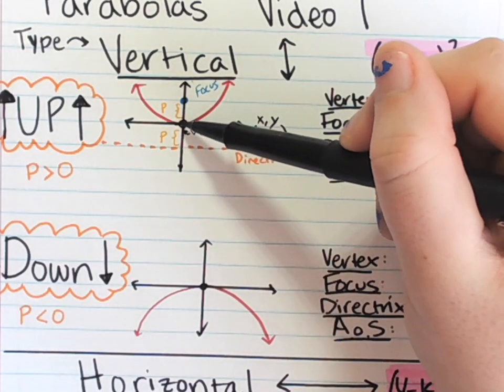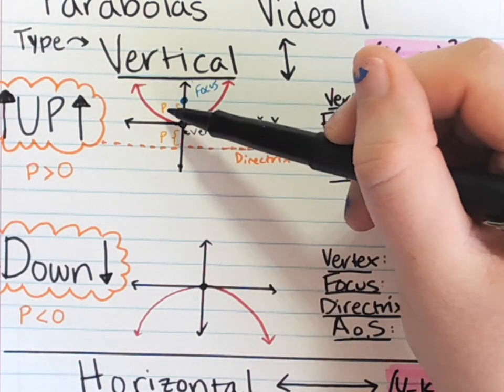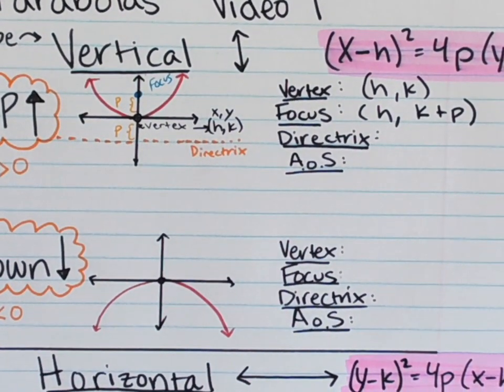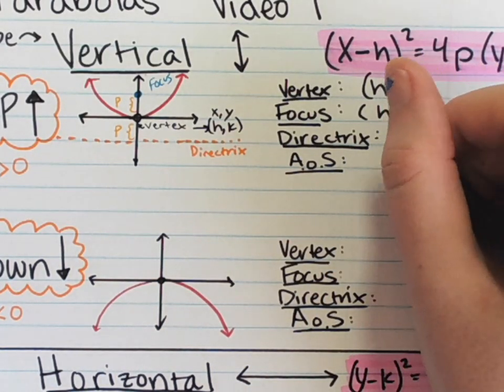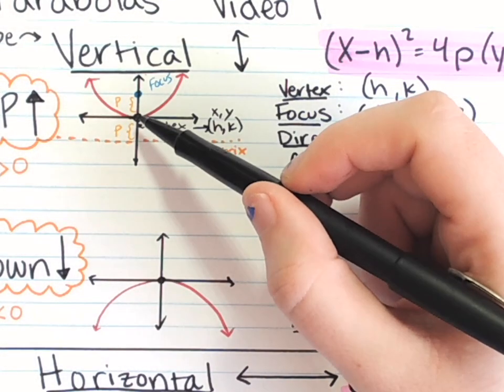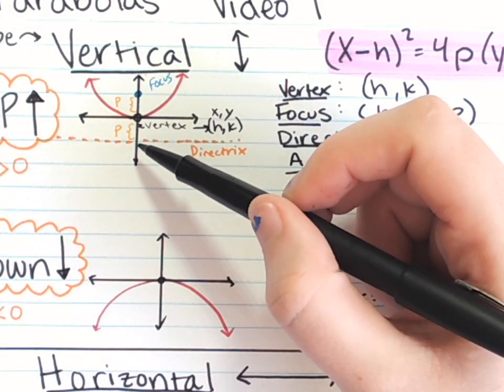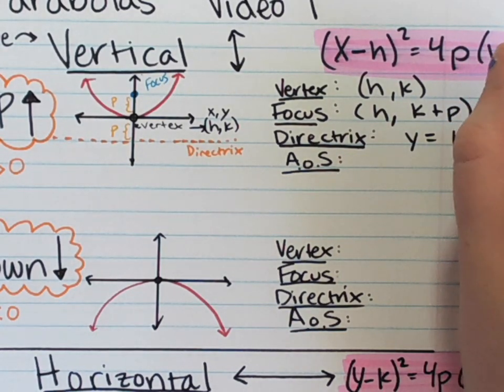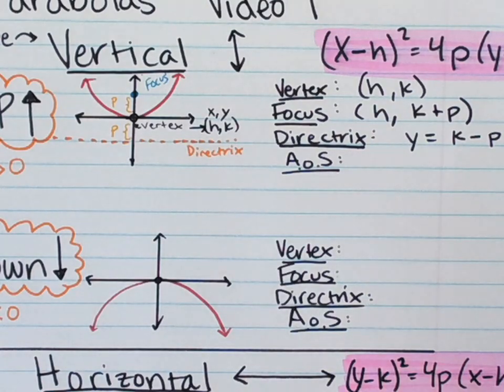Whatever this coordinate was, it moved up the y-axis p units. The directrix is a line passing through the y-axis, so it's going to be y equals whatever the vertex is dropped down p units. So it's going to be k minus p.